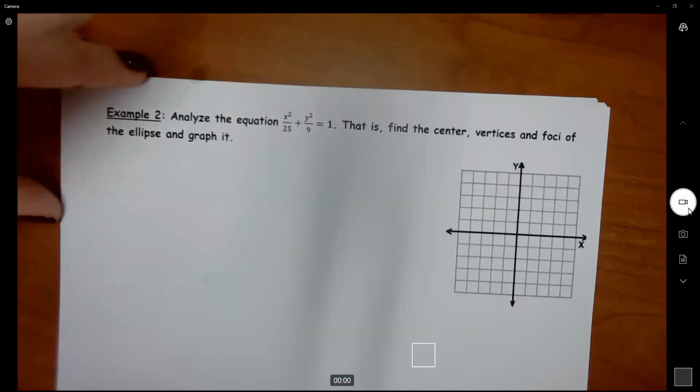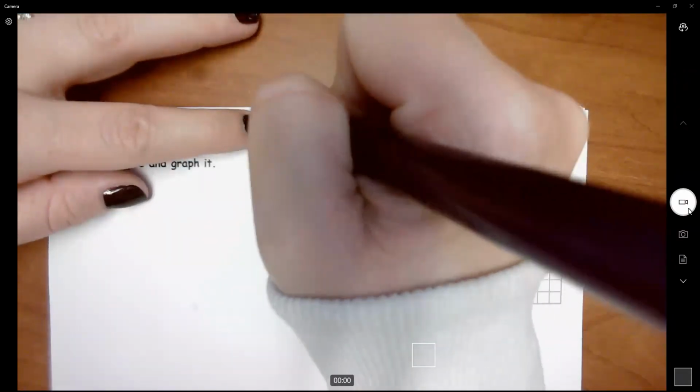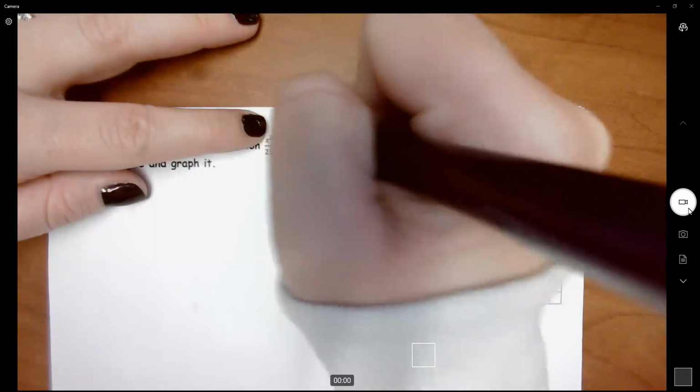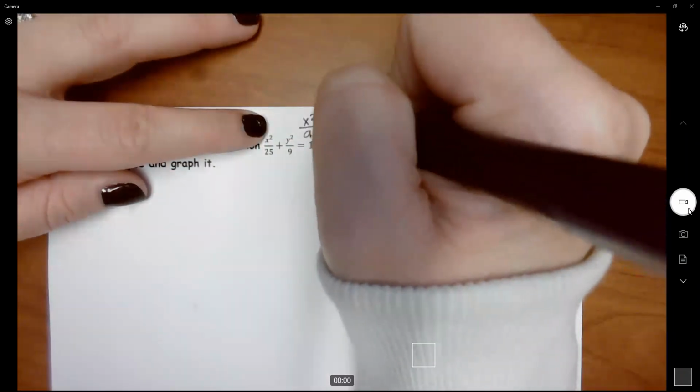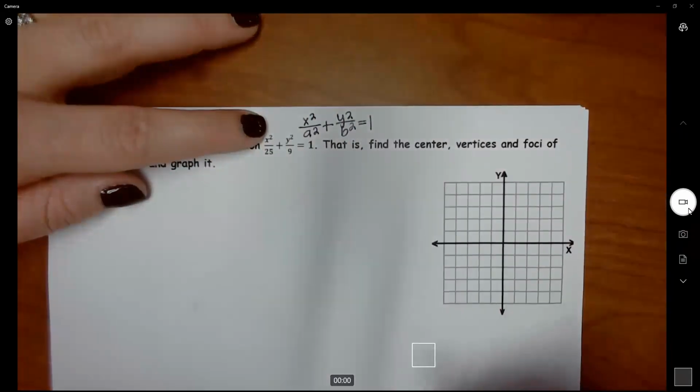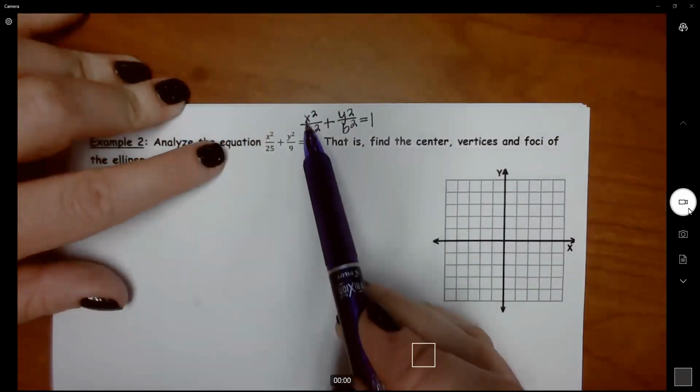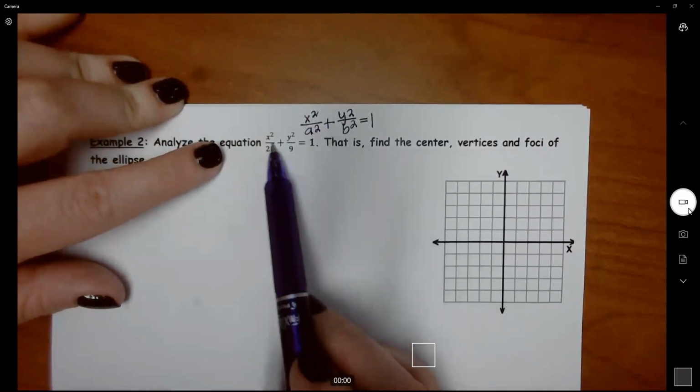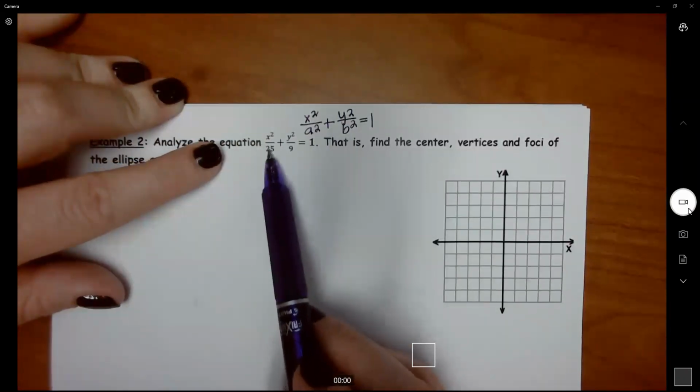Okay, so my equation is usually x squared over a squared plus y squared over b squared equals 1. I know that it's x squared over a squared because my a is always going to be my bigger number.